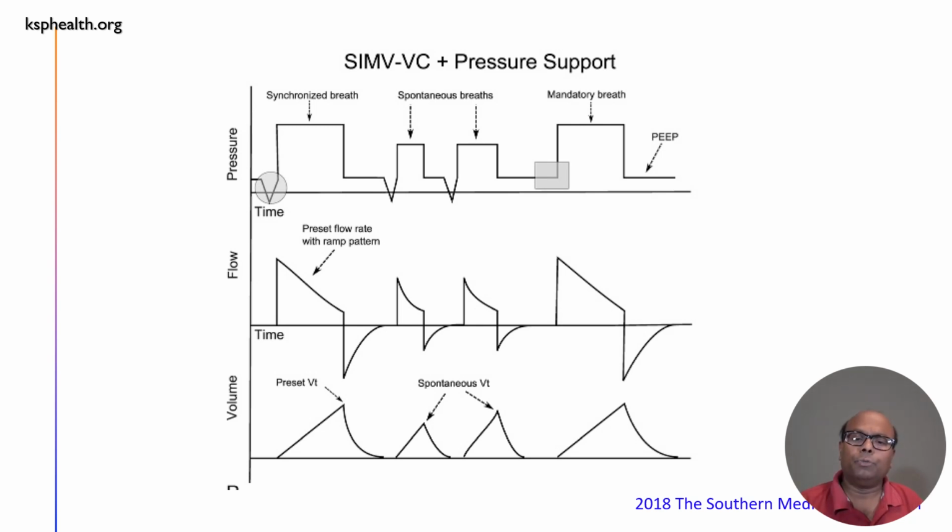Oftentimes, we give lesser support than the mandatory breaths. As a result, the volume delivered would be much less. As you can see, the volume flow, it is a synchronized breath, the preset volume, what we anticipate, it is a mandatory breath. These are all supported breaths.